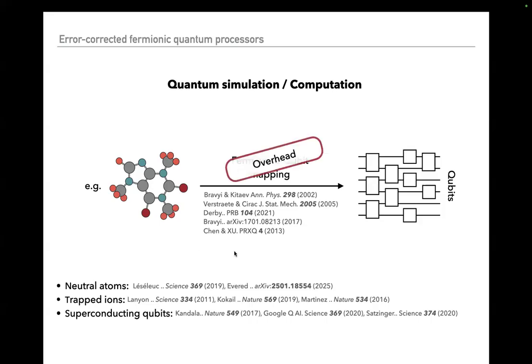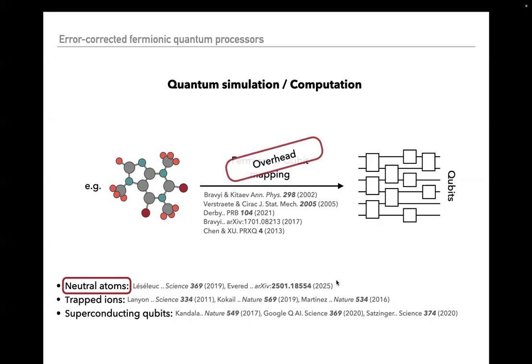But what we're thinking about is, first of all, this overhead, and then a natural way of circumventing such overheads by making use of the unique possibilities that arise in platforms dealing with neutral atoms, because neutral atoms come in both bosonic forms as well as fermionic forms.